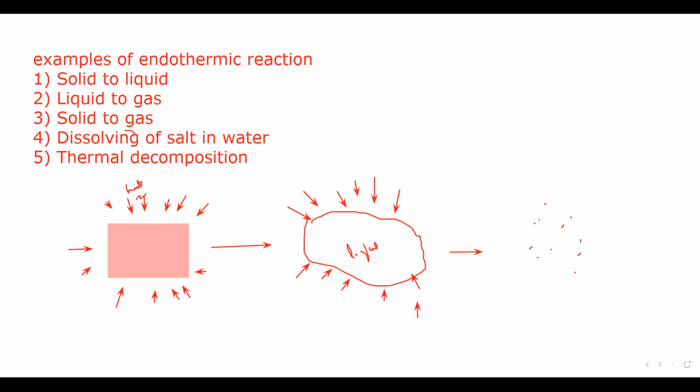Dissolving of salt, for example, you take a container and you fill it with water, and we add crystals. Like for example, we are adding salt crystals. The salt will not dissolve by itself. What we have to do is stir it, or supply heat energy.